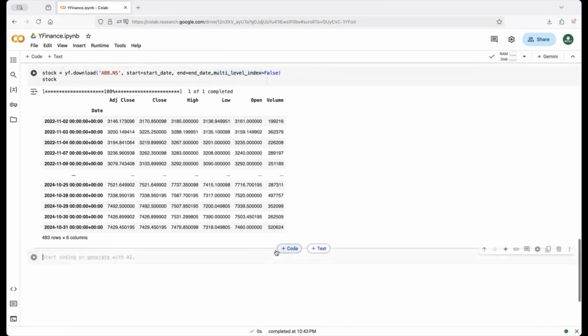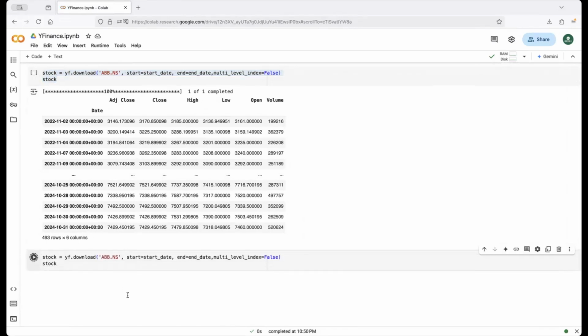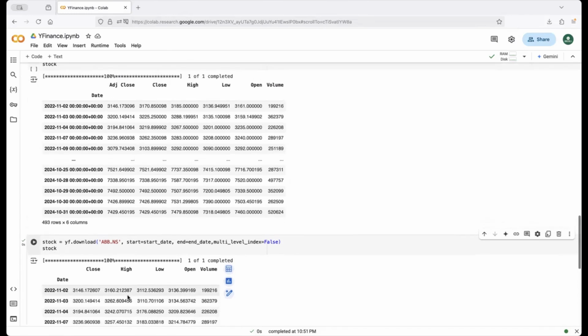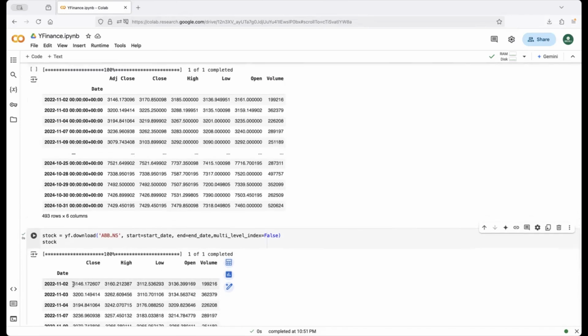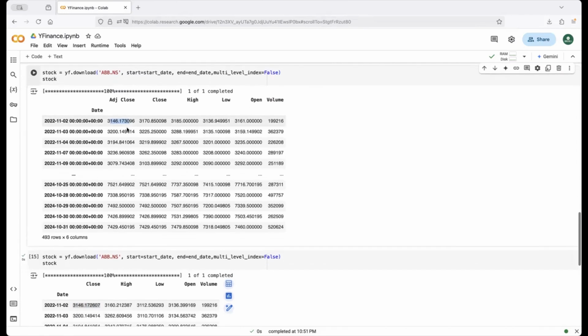But if you run the same code today, you'll see something different. You don't see the adjusted close price anymore. And what's even more interesting is that the close price seems to be close to the adjusted close price from what you've seen earlier.